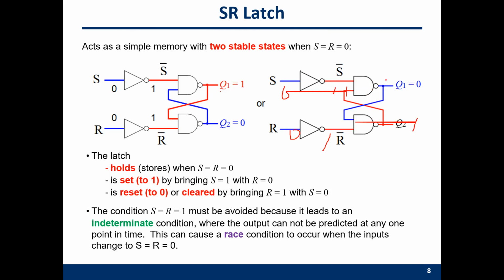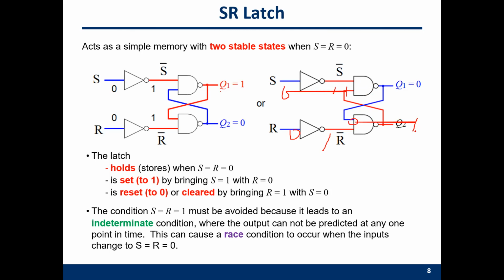And then we have a NOT gate here, and the output here is a 0. Because this is 0 and this part is also a 0. And we have a 1 here, 1 and 0 is a 0. So we have a NOT gate and the output is 1. So when S and R are both 0, this latch has a hold state.